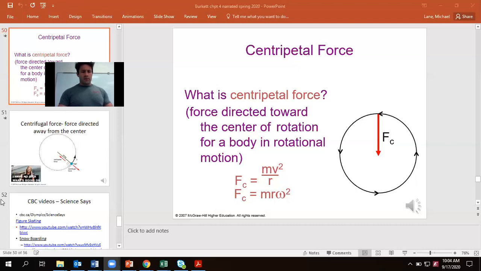So we would take that 500 times 981, which is going to equal our FC. And so we would then take that number and divide it by 100.